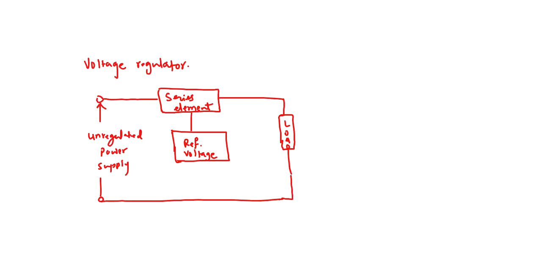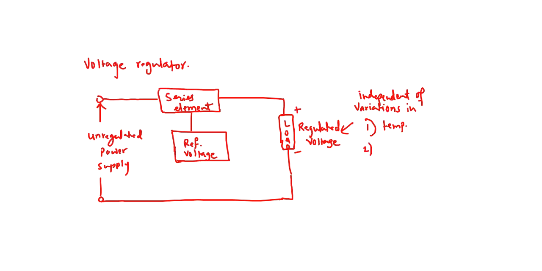So here at the output, you will have a regulated voltage. So what does it mean? This voltage is independent of variations in temperature, input power supply, and the load current or the load voltage.